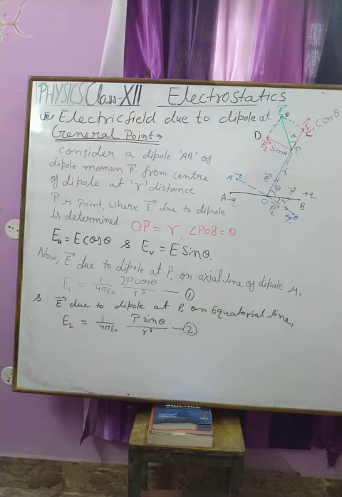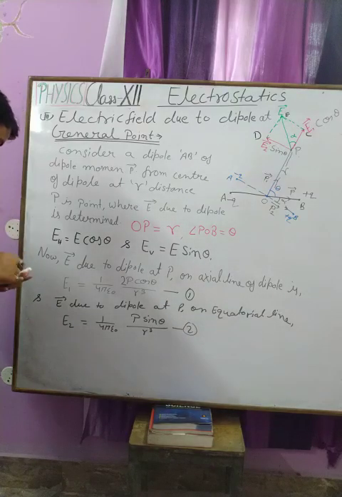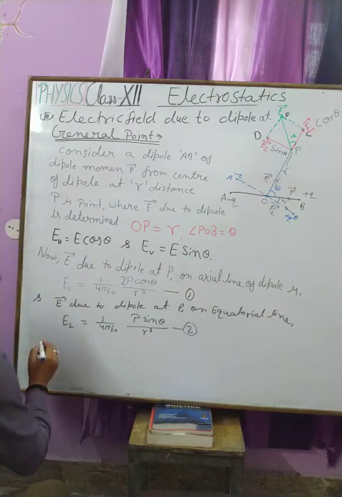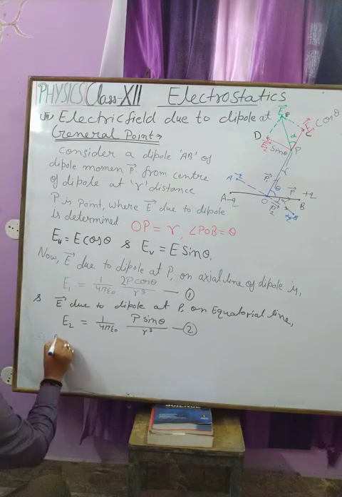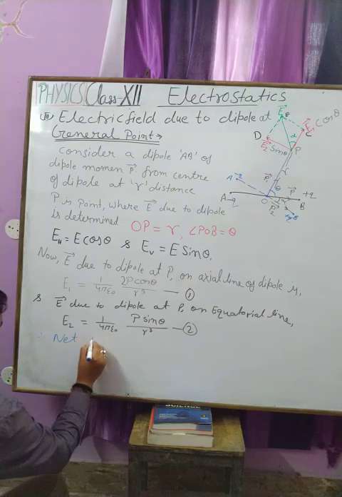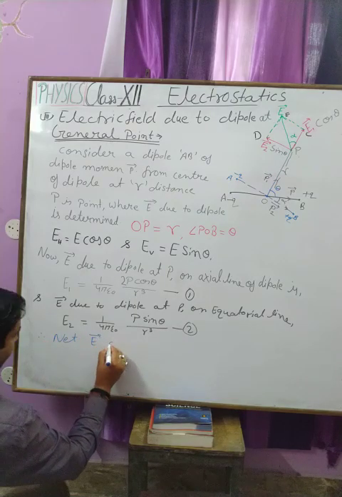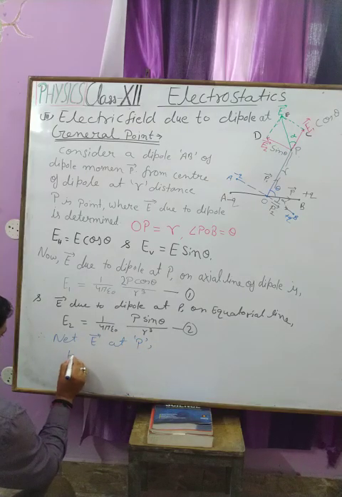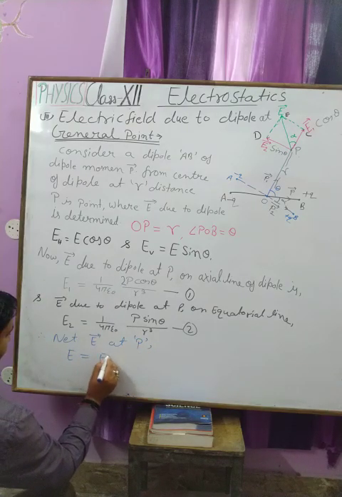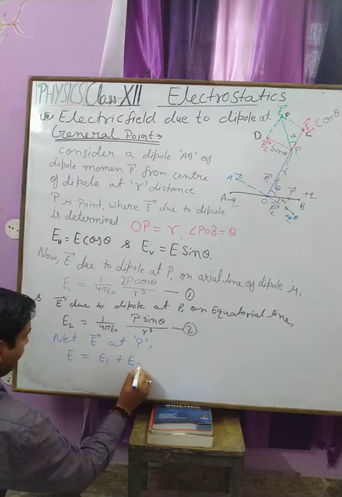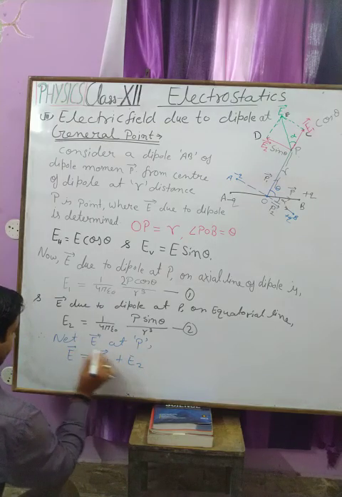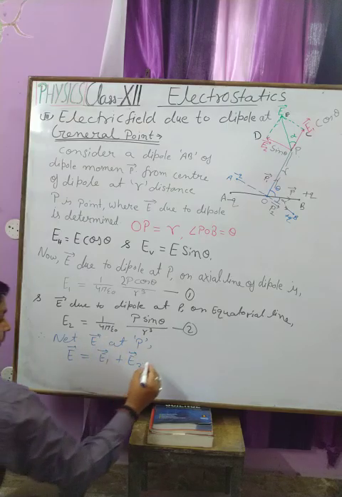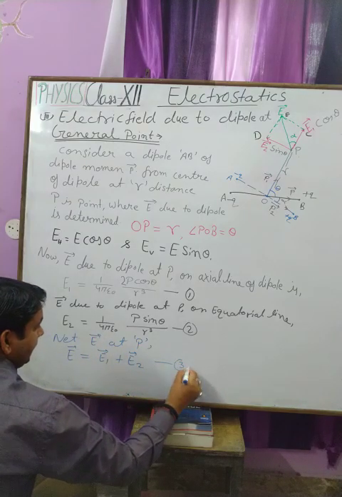Now we are calculating the net electric field at point P due to the dipole for a general point. Therefore, the net electric field at P is given by E equal to E1 plus E2. Equation third.